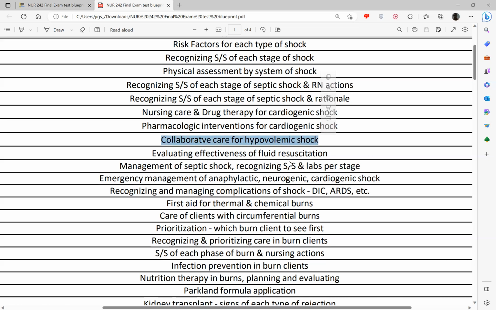Hypovolemic shock. What's the mainstay treatment for hypovolemic shock? Fluid and or blood products plus, is that it? If unresponsive, but are we just doing that or are we treating the underlying cause as well? Yes.